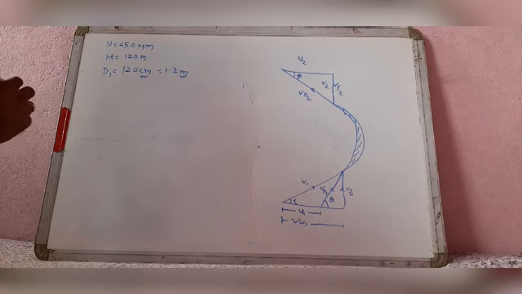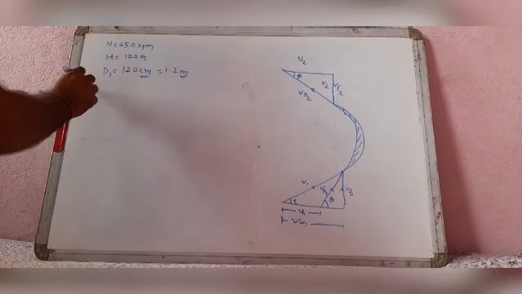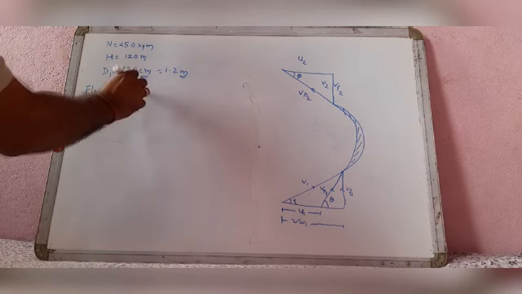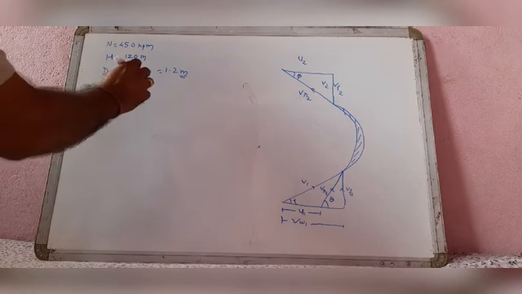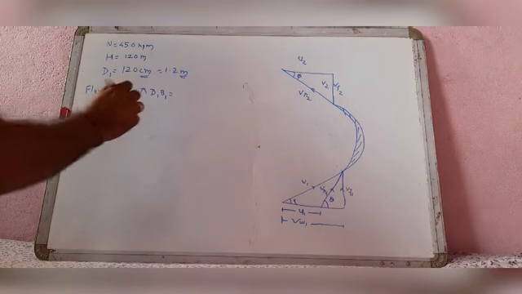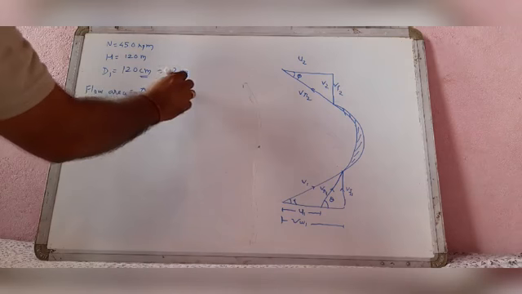So flow area is given, that is equal to pi D1 B1, is given 0.4 meter square.